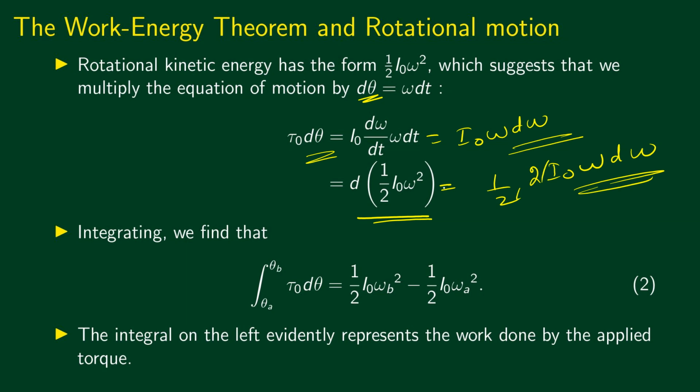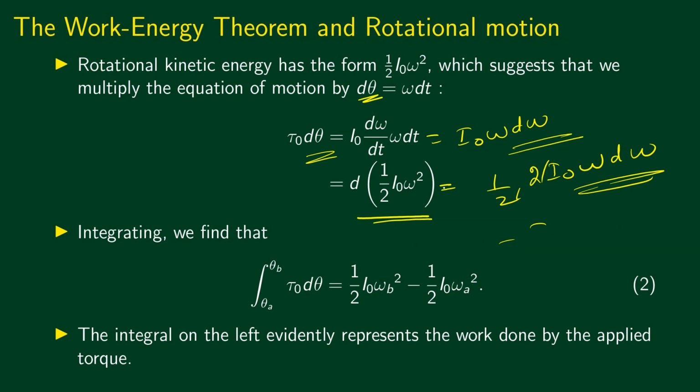Since the derivative is inside an integration, it simply becomes half I0 omega B square minus half I0 omega A square. Omega B is the angular velocity at theta B, and omega A is the angular speed at theta A.